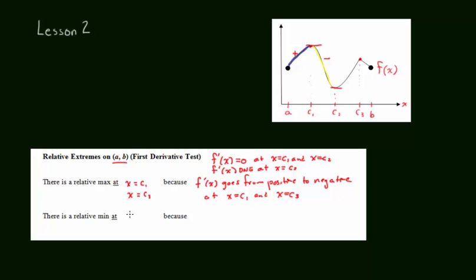And for the same reason, there is a relative min at x equals C2 because f prime of x goes from negative to positive at x equals C2.